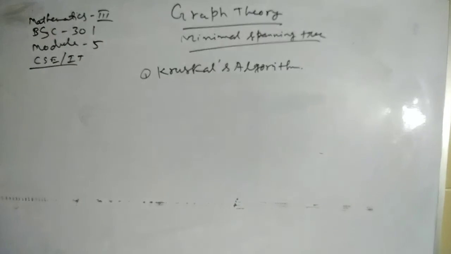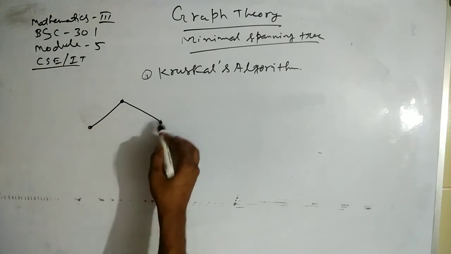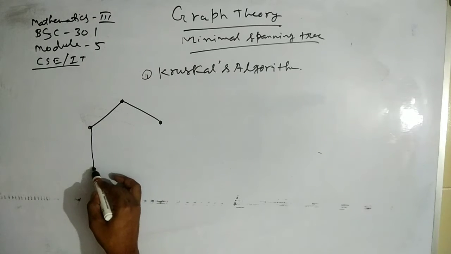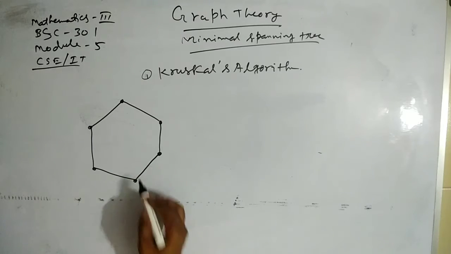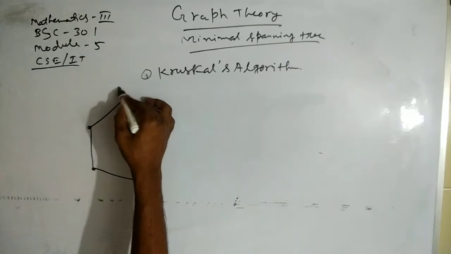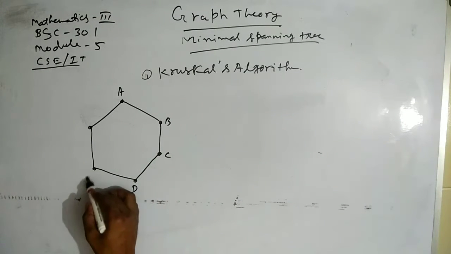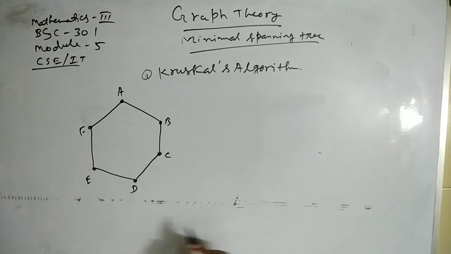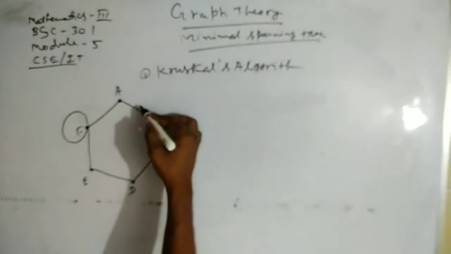Okay, so first I am giving a weighted graph. This is the graph. You draw with me. There are 6 vertices. The names of the vertices are A, B, C, D, E, F. Now there is a self loop at F, and we are giving the weights with the edges.